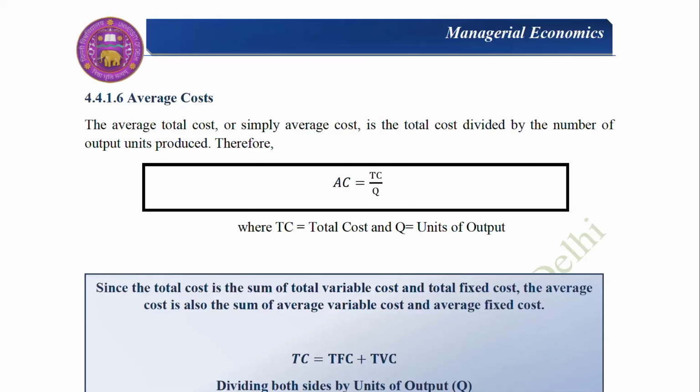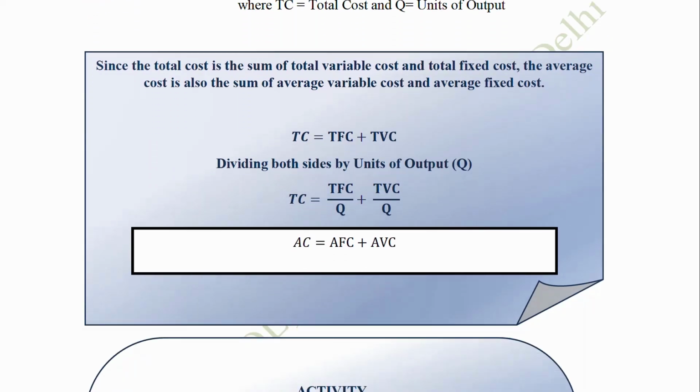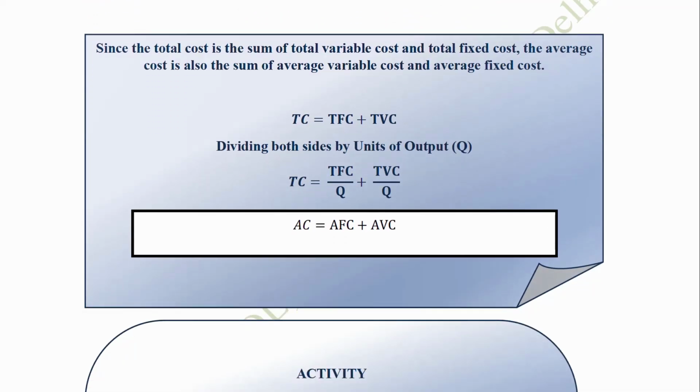4.4.1.6 Average costs. The average total cost, or simply average cost, is the total cost divided by the number of output units produced. Now, since the total cost is the sum of total variable cost and total fixed cost, the average cost is also the sum of average variable cost and average fixed cost.